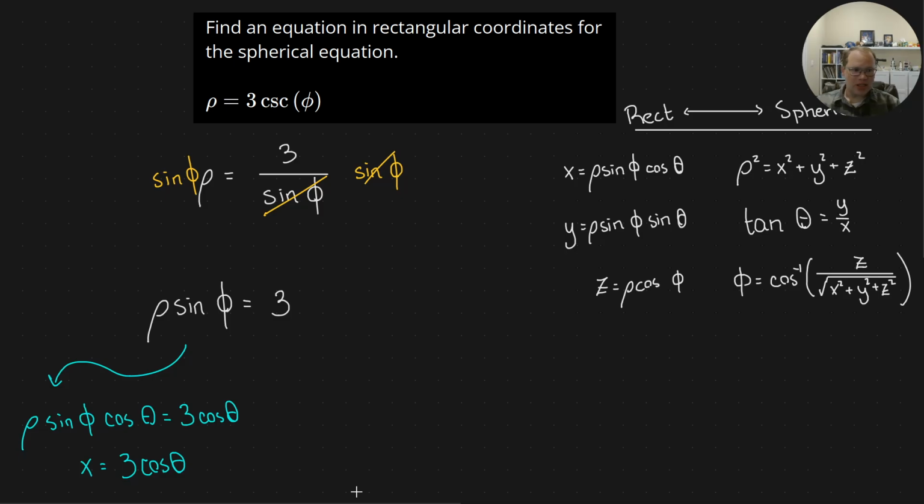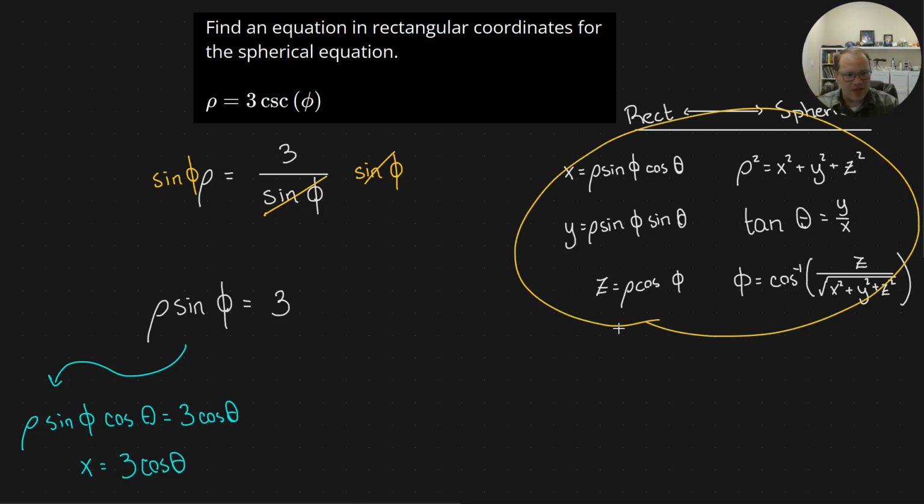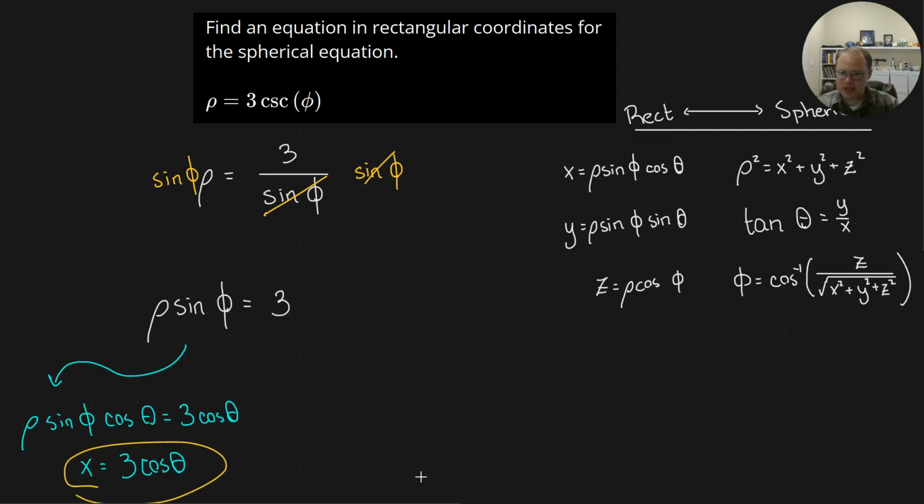But that's as much as I could do, right? The right-hand side, I can't do anything with because I don't have just a cosine of theta anywhere. Can't deal with it. Which means this equation is not done in its present form because I need all my variables to just be rectangular variables.